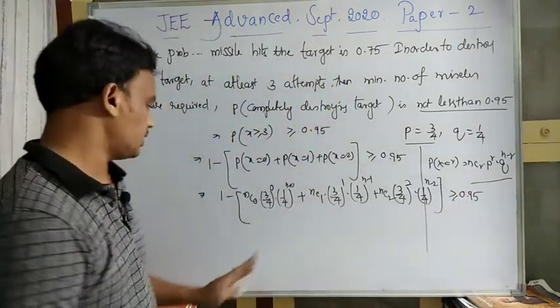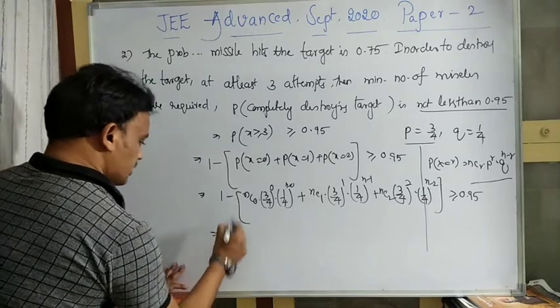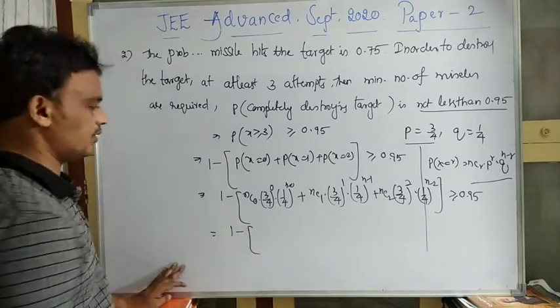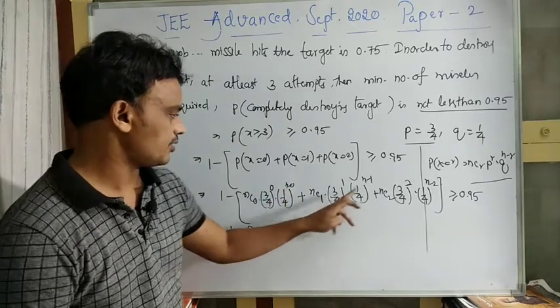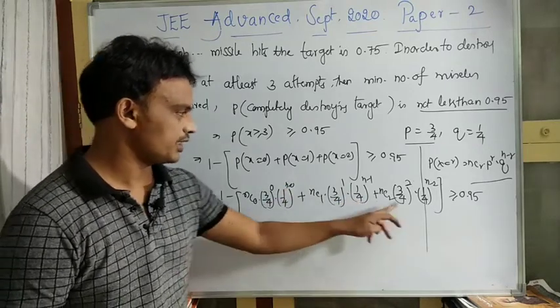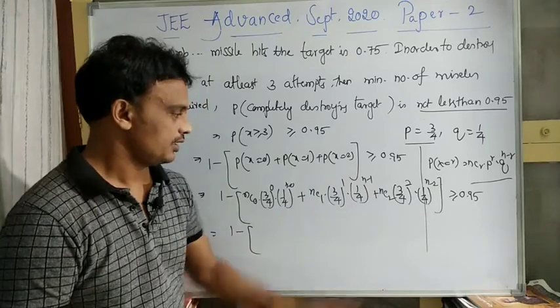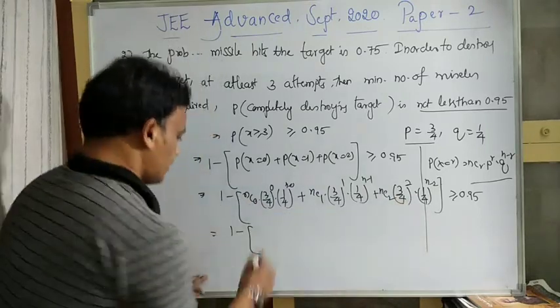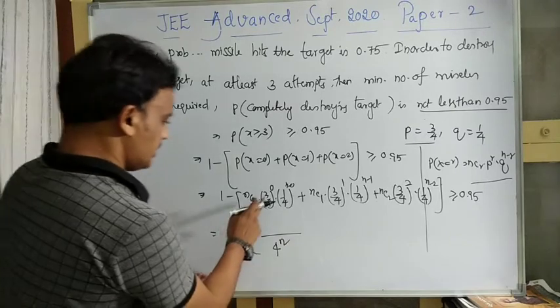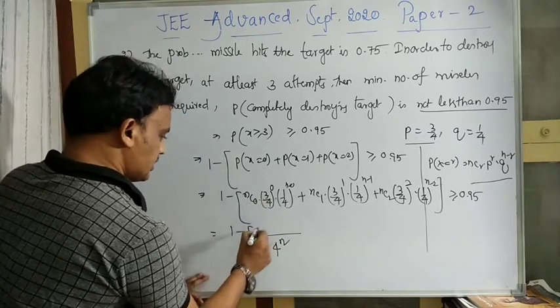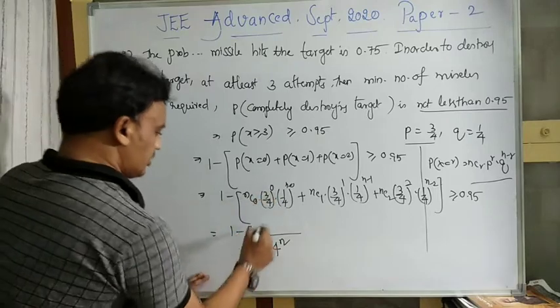Then, according to that expansion formula, after simplification, in all those cases we have 1 by 4 whole power n, so the denominator is 4 power n. The numerator is, in the first case, nC0 times 3 power 0, which is 1.